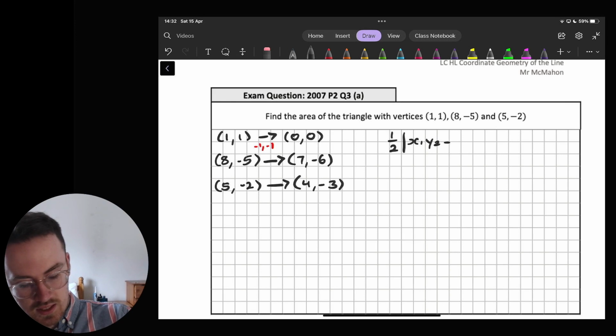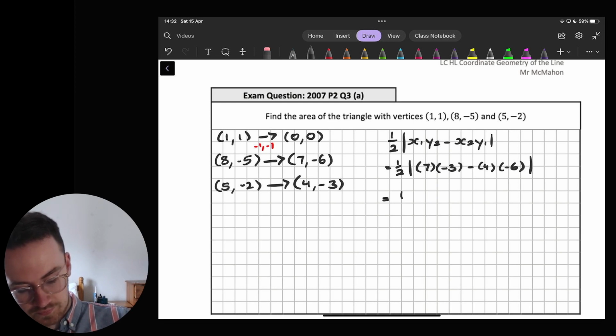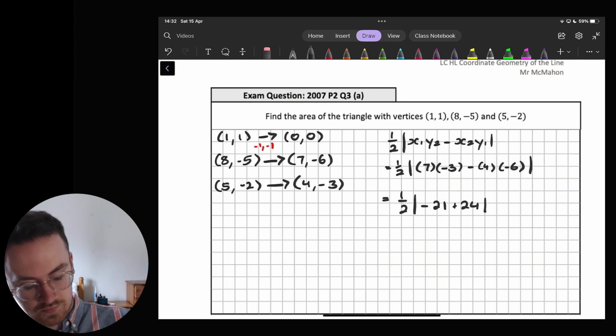So let's get back into writing this out, just for our exam question ones. So we do 7 times minus 3, minus 4 times minus 6. So minus 21 and plus 24.